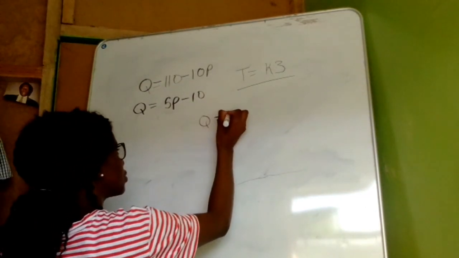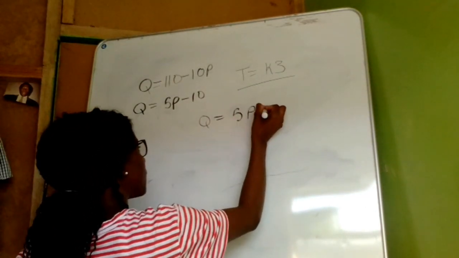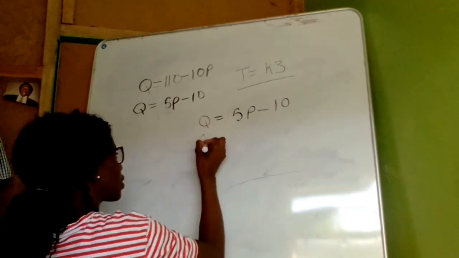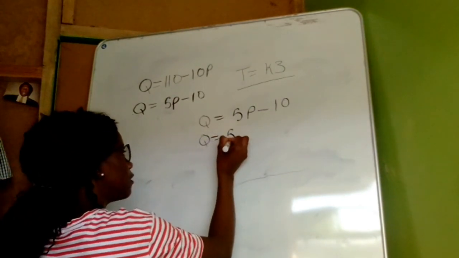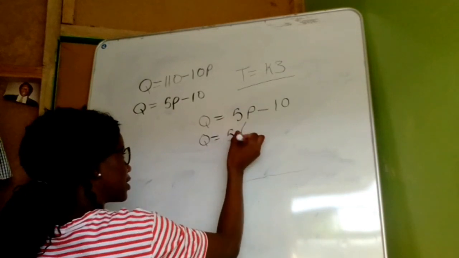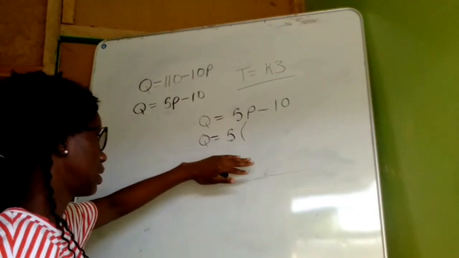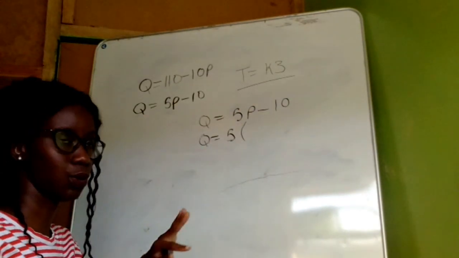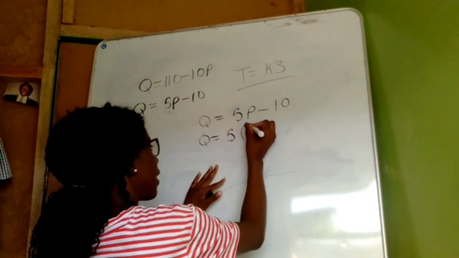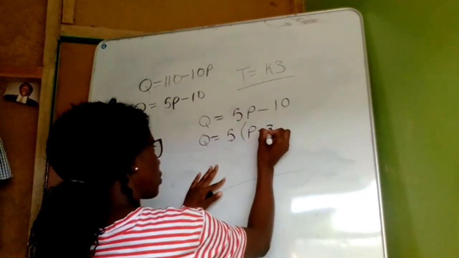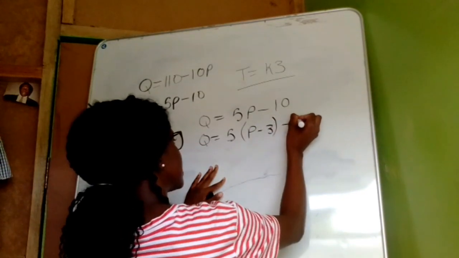Q is equal to 5P minus 10. So Q is equal to 5 times, and I recommend you put this in brackets, because if you just subtract it directly, you can get lost in the calculations and end up getting the wrong thing. So we have the price minus the tax, which is 3, then minus 10.